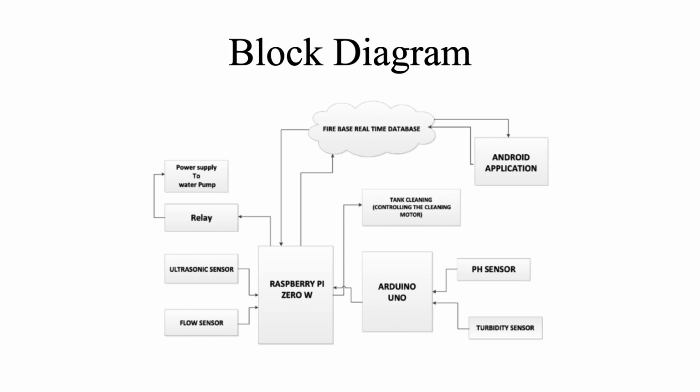This is the block diagram that we have used in designing our experimental setup. We have used a Raspberry Pi 0W microcontroller to which we have connected an ultrasonic sensor and a flow sensor, which will measure the water level of the tank and the inflow rate of water into the tank.